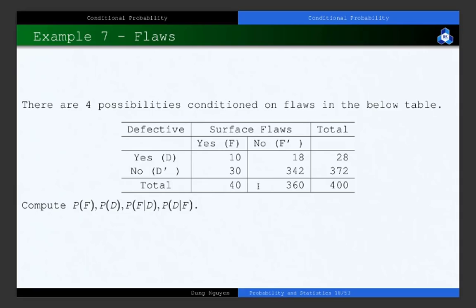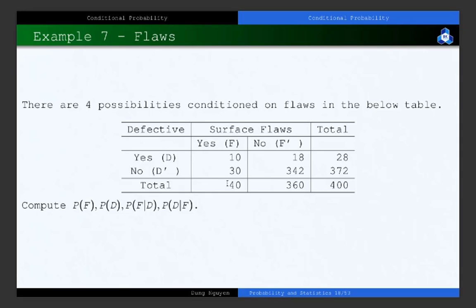And 40, 360, 28, 372 are the marginal distributions. So in total, you have 400 items. Now, what is the probability of F? The probability of F is the probability that a randomly selected item has some flaws on the surface.